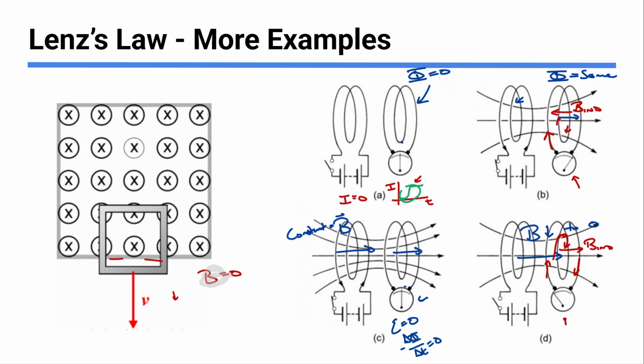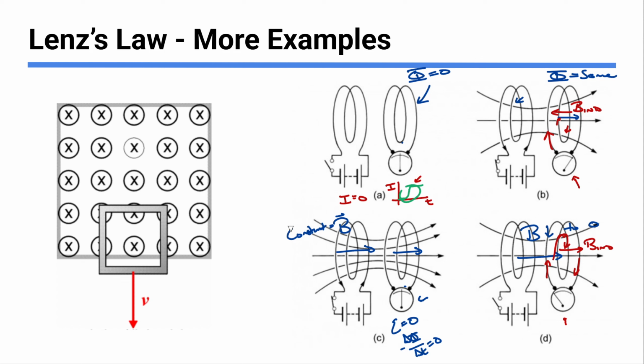As that loop leaves the field, there will be an induced EMF because there is a changing flux situation. Think about how. So what's going to happen? Which way is an induced current going to flow in this loop? Clockwise or counterclockwise would be your options. If you can, try to pause and apply this Lenz's law idea and figure it out.